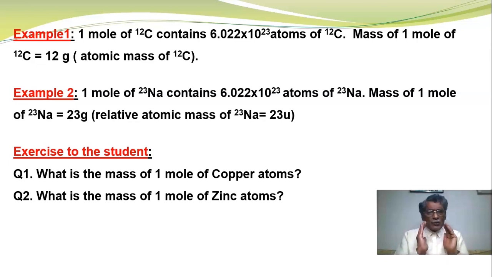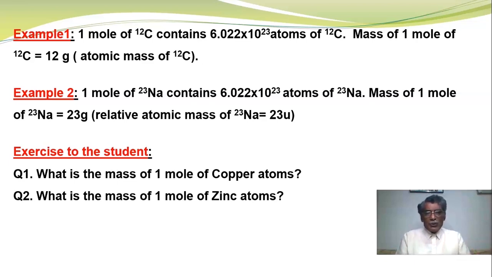Similarly, 1 mole of sodium 23 contains 6.022 multiplied by 10 to the power of 23 atoms of Na23. That is, mass of 1 mole of Na23 is equal to 23 grams. This is relative atomic mass of Na23, that is 23.